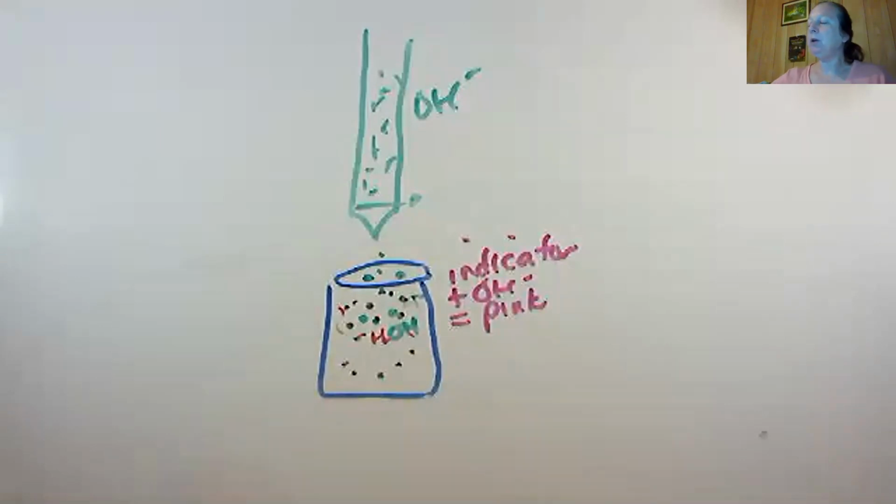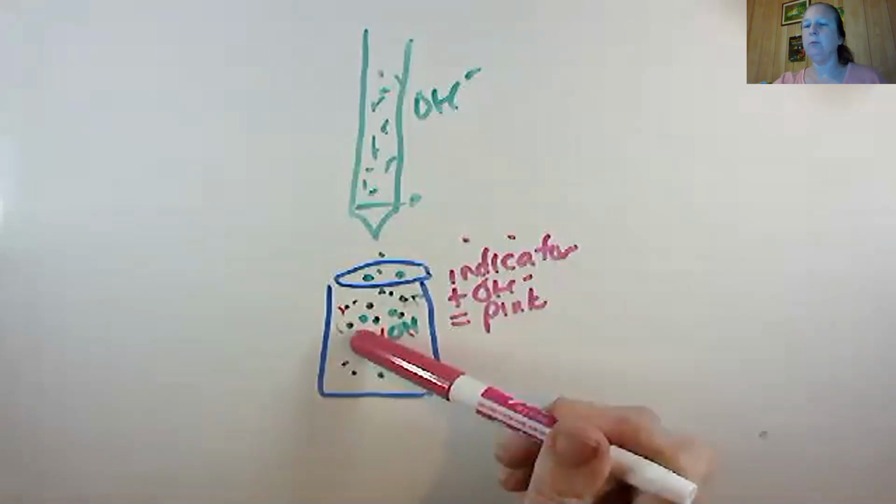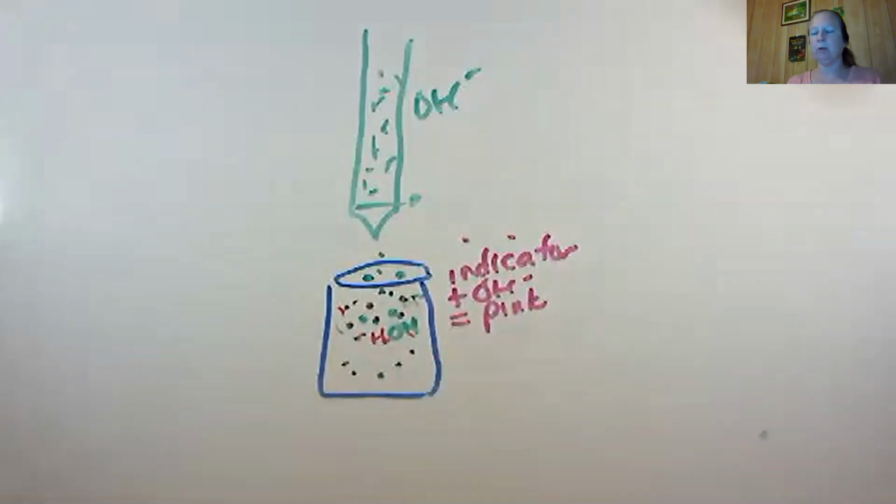It's not happening while you still have acid in there, because the acid reaction happens faster. Sometimes you'll see a little pink show up, but you swirl it and it goes away because the hydroxide is consuming the acid.